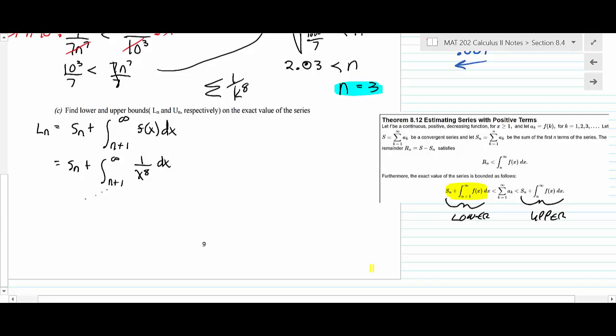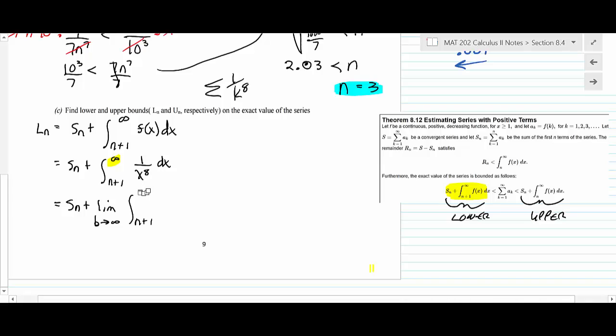This is an improper integral, so we want to just keep bringing down the S of n. So this is going to be the limit, and we're going to change the infinity. What do we usually change infinity to? Some letter, we've been doing b, so let's just keep doing that. So b goes to infinity like that. Then we're going to do the integral from n plus 1 to b.